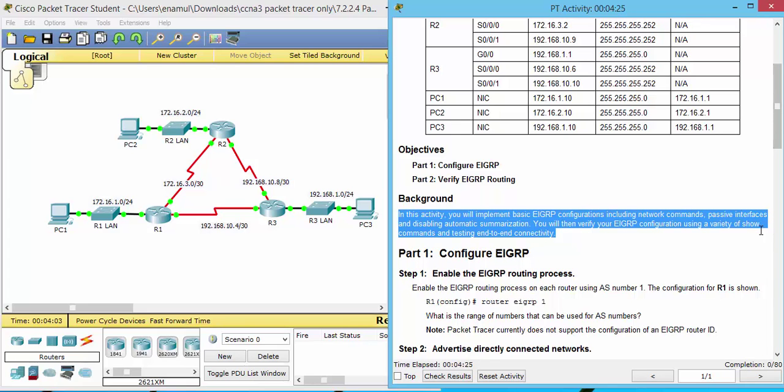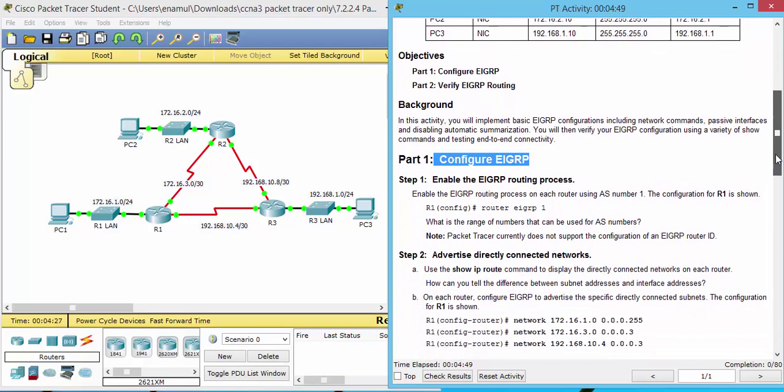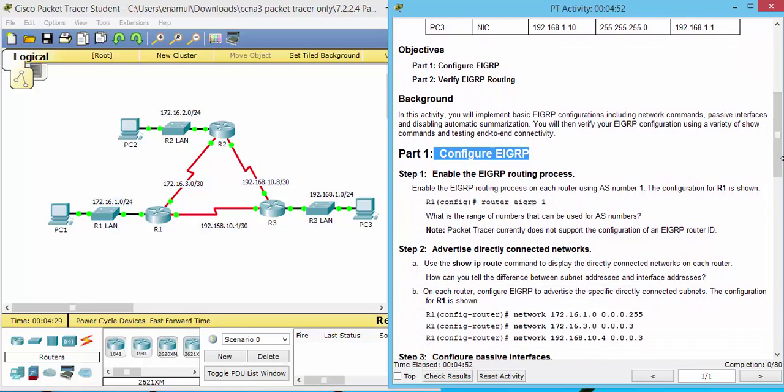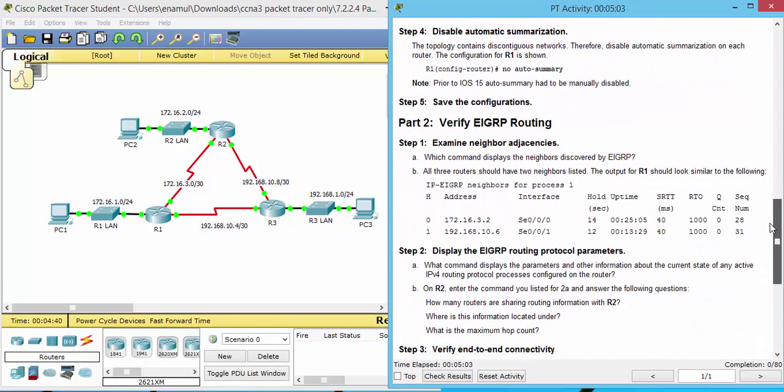You will then verify the EIGRP configuration using a variety of show commands and test end-to-end connectivity. While we do all those steps, such as enabling the EIGRP routing process, advertising directly connected networks, configuring passive interface, and disabling automatic summaries, we're going to go over a brief overview of each of the features.